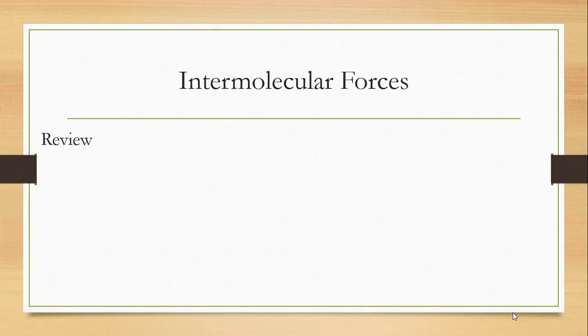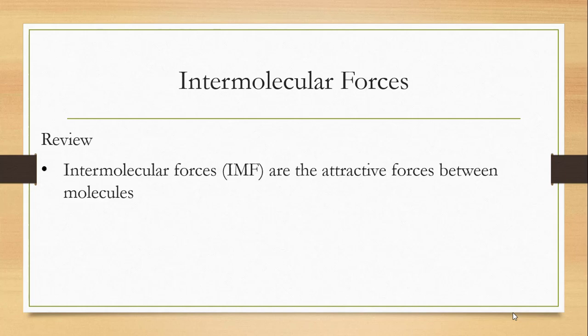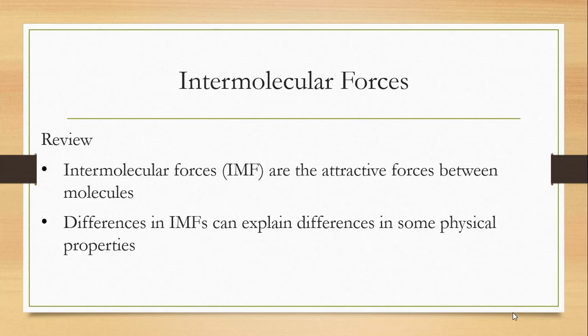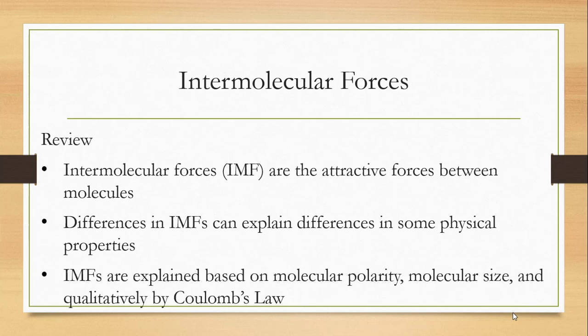So for intermolecular forces, to review, IMFs are those attractive forces between molecules. The differences in IMFs can explain the differences in some physical properties, notably boiling point and melting point. IMFs are explained based upon polarity, size, and qualitatively by Coulomb's law. Basically, opposites attract.